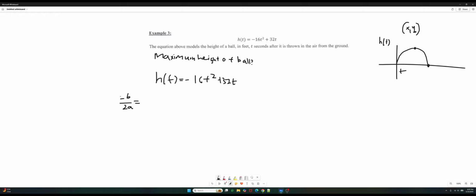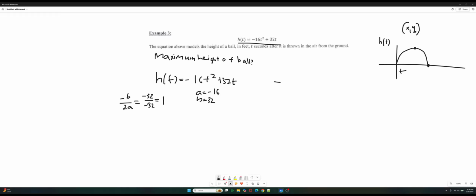So negative 16 is the a, b equals 32. So you get negative 32 divided by negative 16 times 2, which is also negative 32. So you get 1. And now you could plug this back into the original equation to get the y value of the vertex.